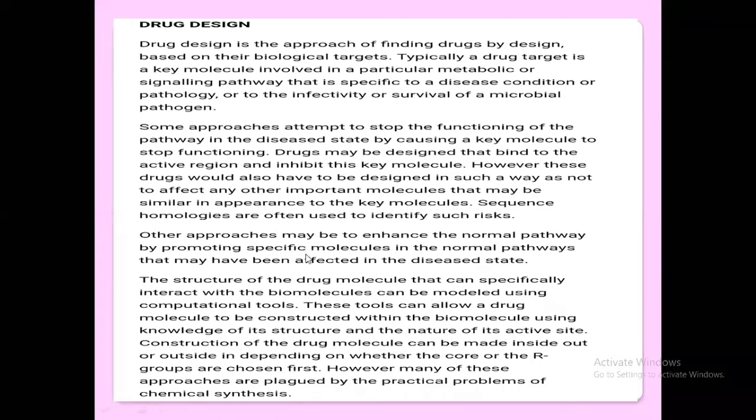Other approaches may be to enhance the normal pathway by promoting specific molecules in the normal pathways that may have been affected in the diseased state. So you have to see the normal pathway, then promote the activities of the components in the normal pathway. So for that you have to design a drug.